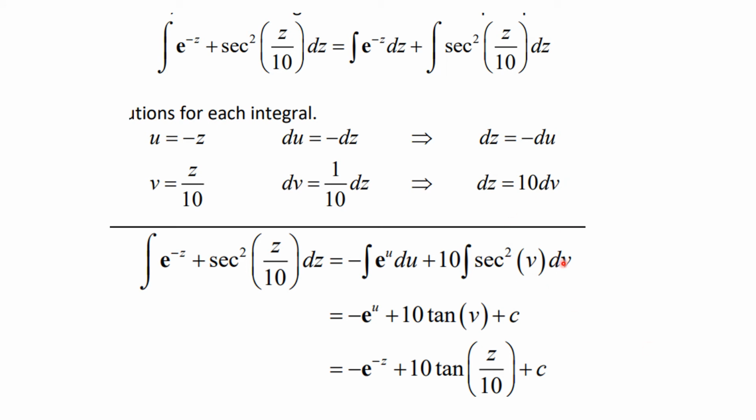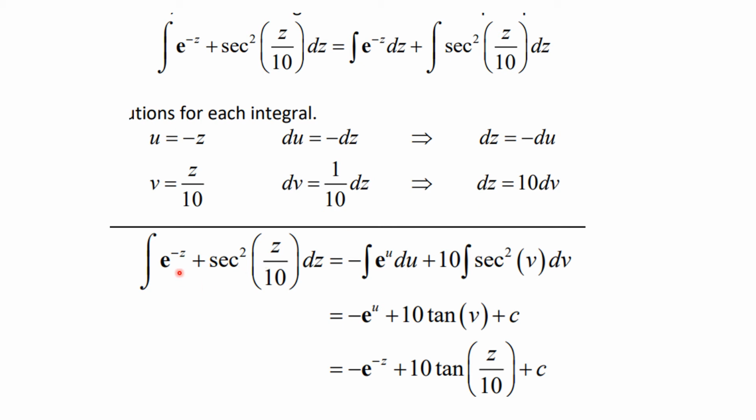Now here we need to do a different substitution for each integral. So for the first one, we're going to let u equal minus z with these results. And for the second one, we're going to let v equal this with these results.